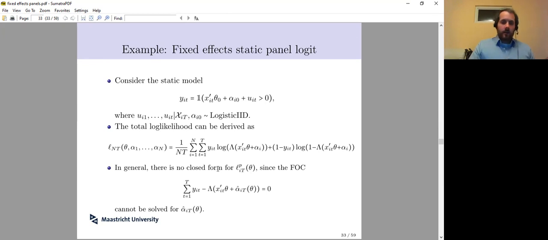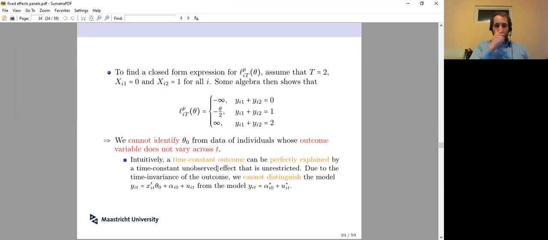However, you can find a closed form if you make additional assumptions. If you simplify the model, it can be shown with quite a bit of algebra, which I want to skip at this point, that if you have only 2 time periods and you set the first x to 0 and the second x to 1, so you make this really strong assumption, then the profile likelihood is non-existent if both y's are 0.